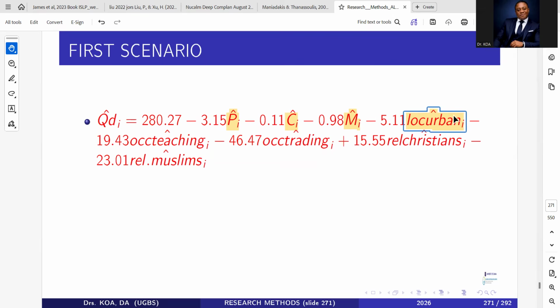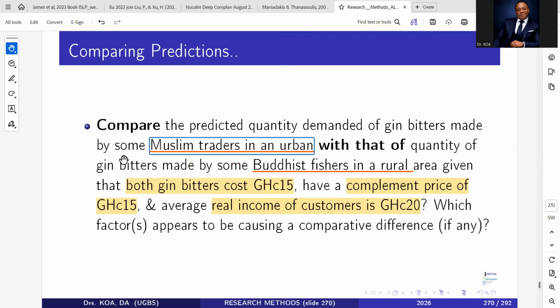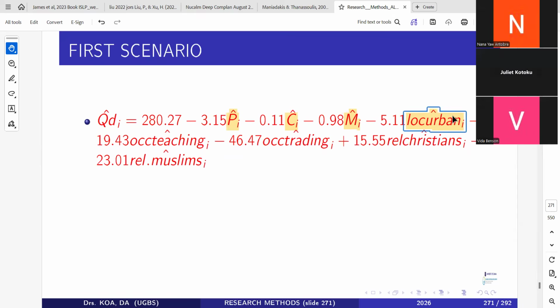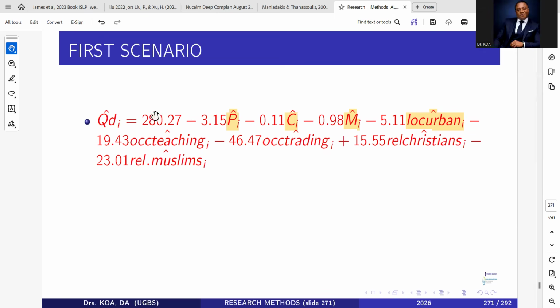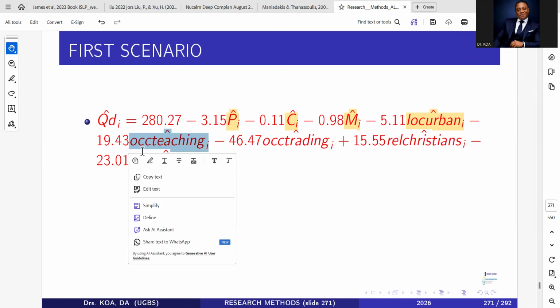Is it 0 or 1? We are told these are Muslim traders in an urban town, so log urban will be given a value of what, Vida? It's 1, because they are not in a rural area, they are in an urban area. Now, in that first scenario too, org teaching will be given a value of what?